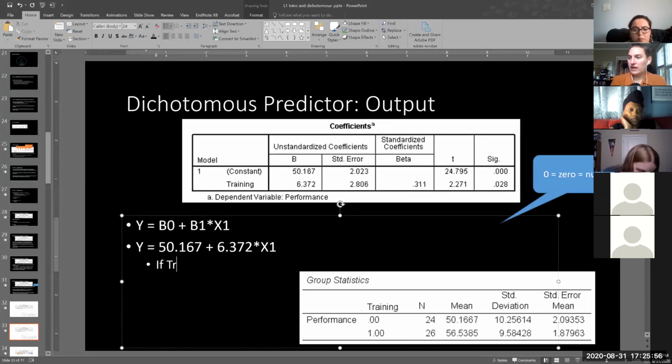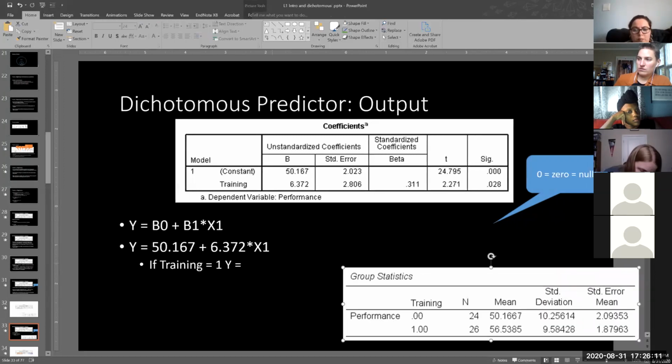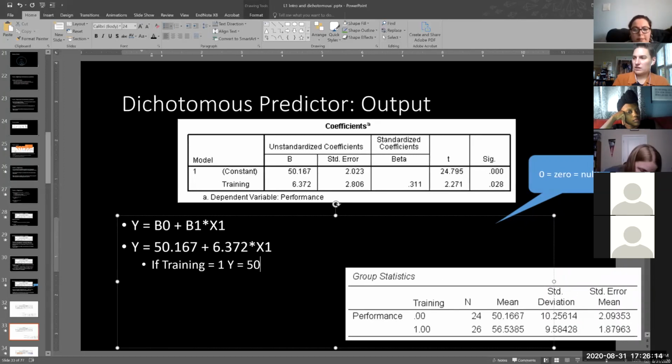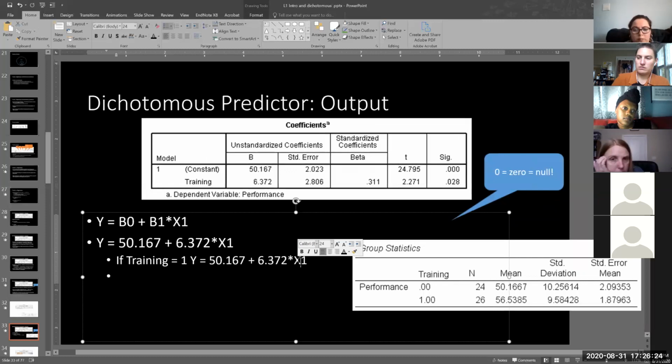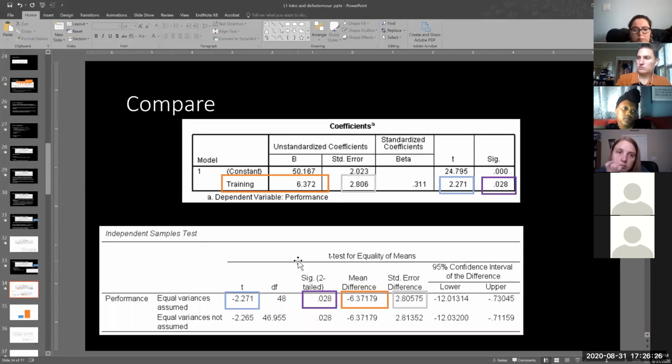If training equals 1, that's the people who got the training. I'll start with training equals 1. Then we have y equals 50.167 plus this, where x1 is equal to 1, so times 1.